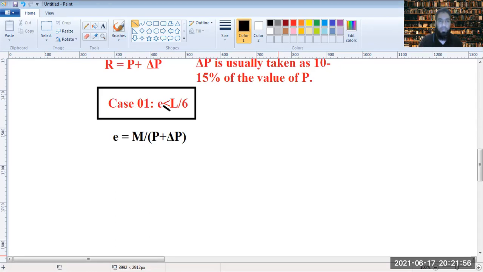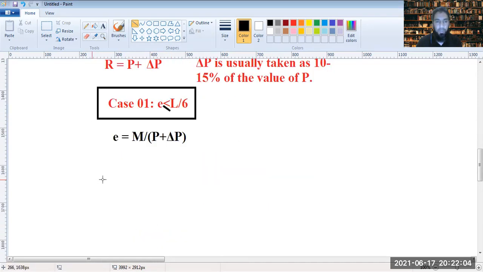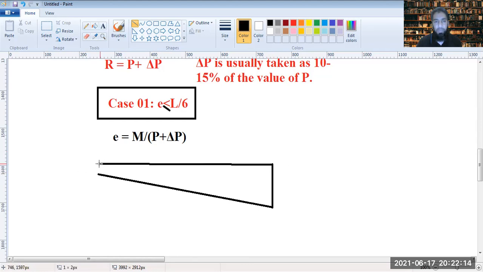It's a non-uniform load that would be varying from certain Q minimum to Q maximum. Now, corresponding to these two, there would be a point where it would be Q maximum, and there would be a point where it would be Q minimum.